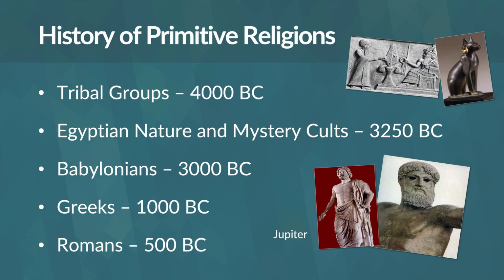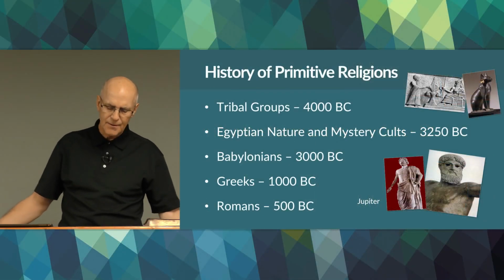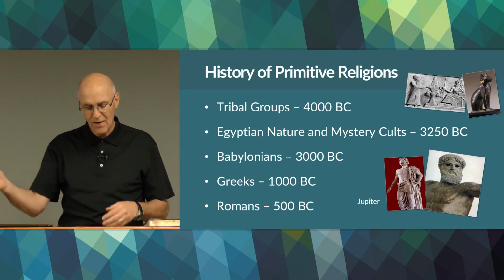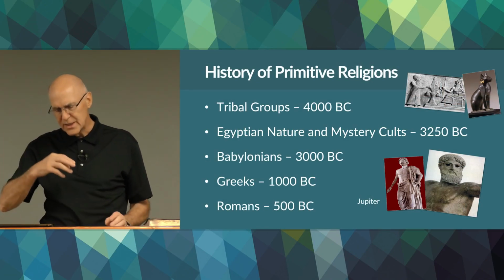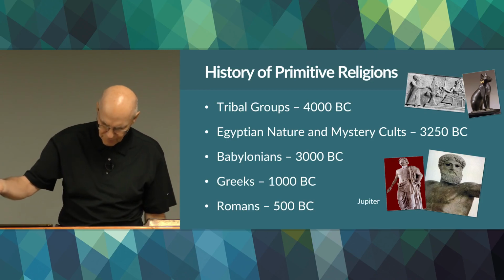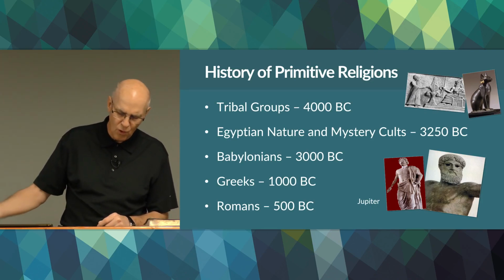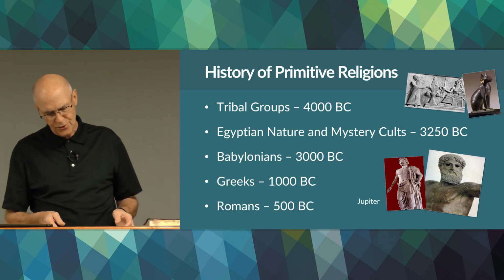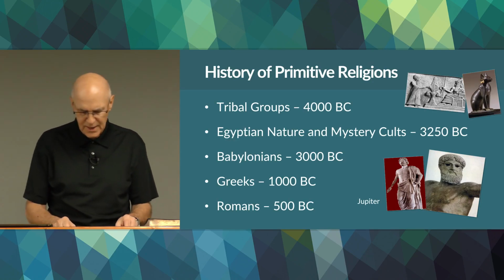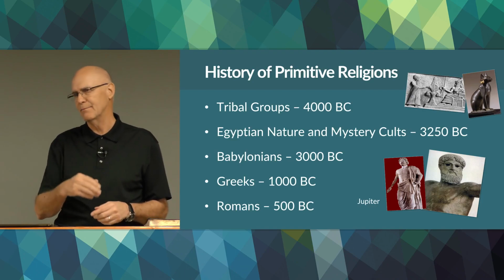The Greek culture began with primitive nature religion, and it evolved through a mythological stage where they had many, many gods, to a philosophical stage where reason and logic took over, and they ended up as a mix with Roman-style mythology. In other words, the Romans took the Greek gods and they gave them Roman names.